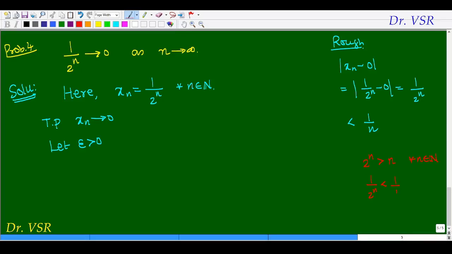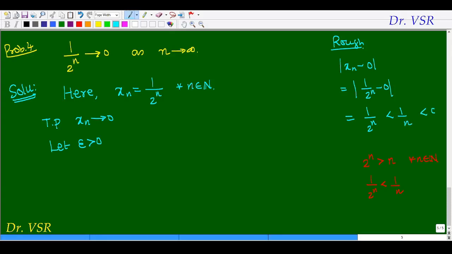So we write this fellow, 1 by 2 to the power n, is less than 1 by n. Now this 1 by n, what do we need? We need it less than epsilon.